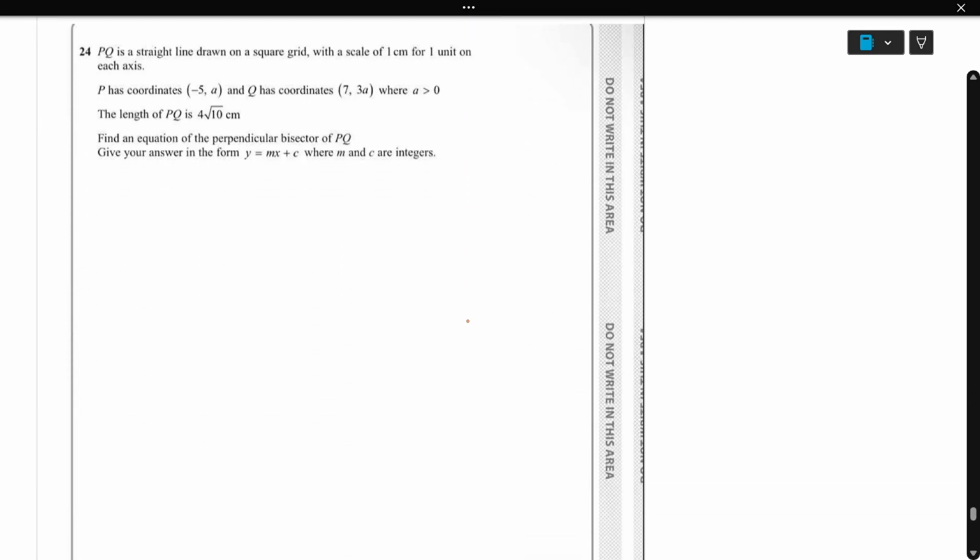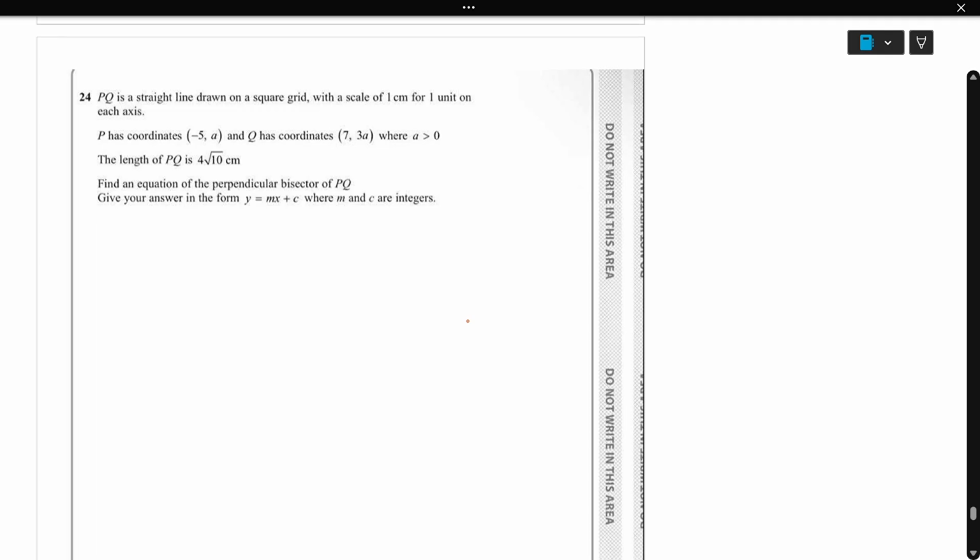Next one, PQ is a straight line drawn on the square grid with a scale of 1 centimeter equal to 1 unit on each axis. P is the coordinate of this, Q is the coordinate of this. The length of PQ is 4 root 10. So find the equation of the perpendicular bisector.